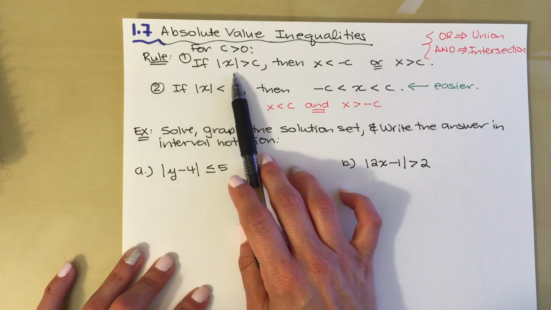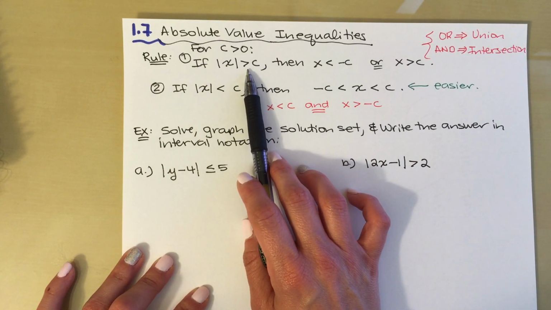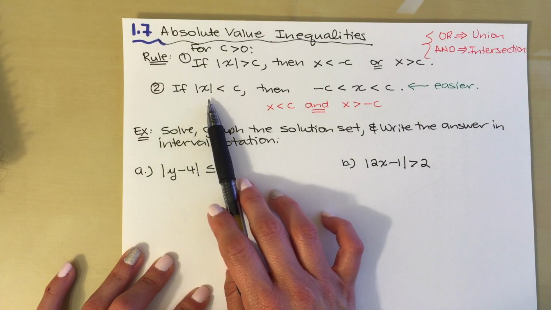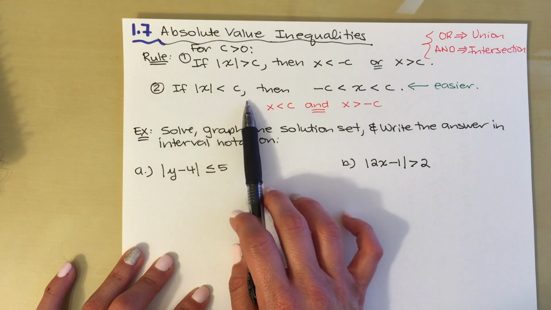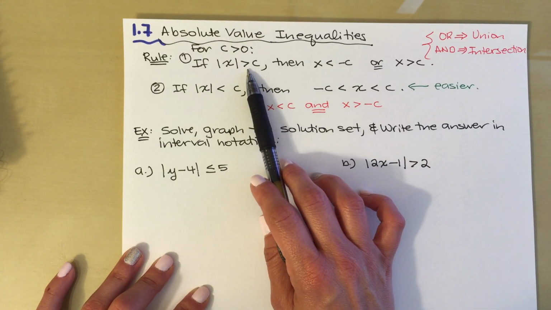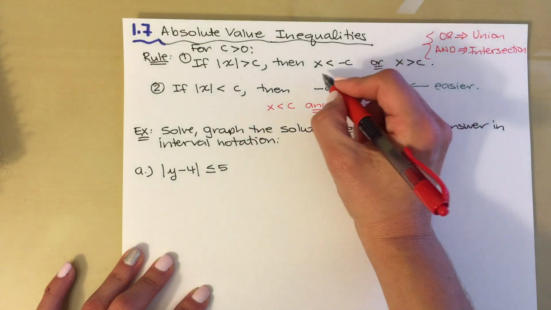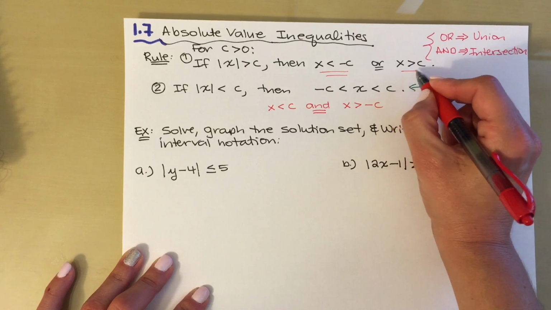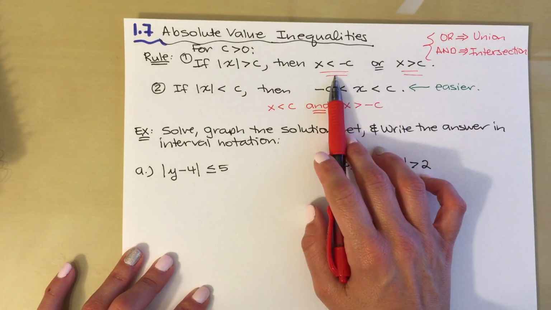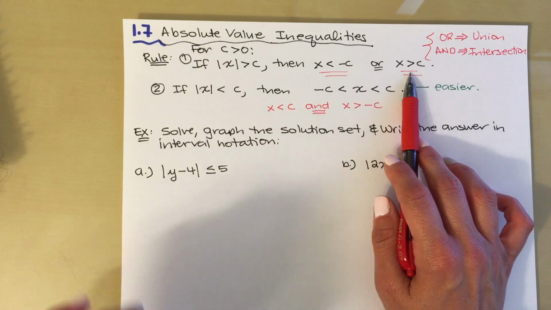So the first rule works when we have absolute value greater than a positive number, and the second rule is for absolute value less than a positive number. So if you have the first situation, then you're going to break up your problem into 2 inequalities. So notice what happens. We'll call this the first inequality.